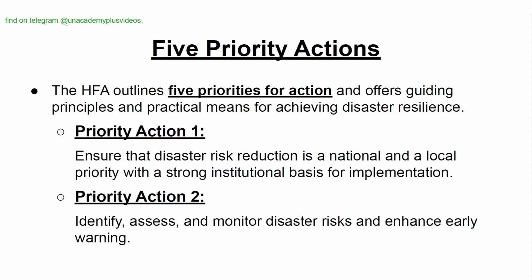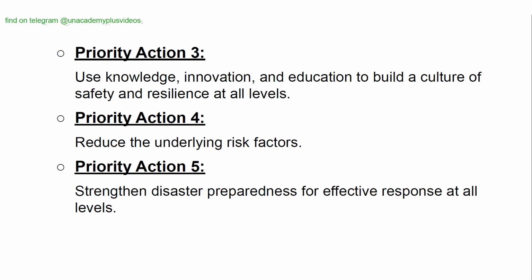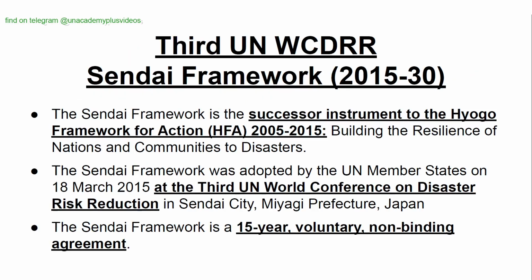Priority action two: identify, assess, and monitor disaster risks and enhance early warning. Priority action three: use knowledge, innovation, and education to build a culture of safety and resilience at all levels. Priority action four: reduce the underlying risk factors. Priority action five: strengthen disaster preparedness for effective response at all levels.